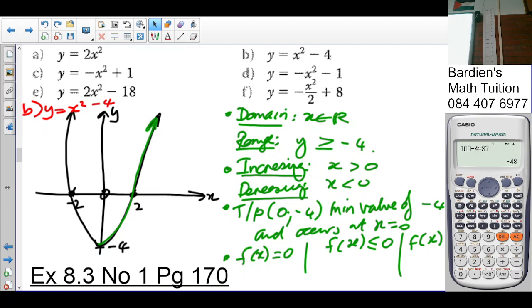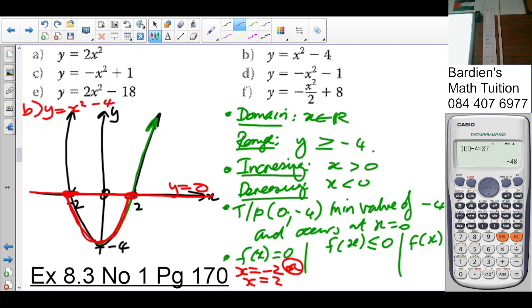So is f of x equal to 0 on this line here? Okay, this is the y is equal to 0 line. So whichever part of the graph goes through 0 is going to be considered. So what is that solution? x equal to negative 2 or x equal to 2. Which f of x less than 0, less than or equal to. So I'm including 2 and whatever is below the line.